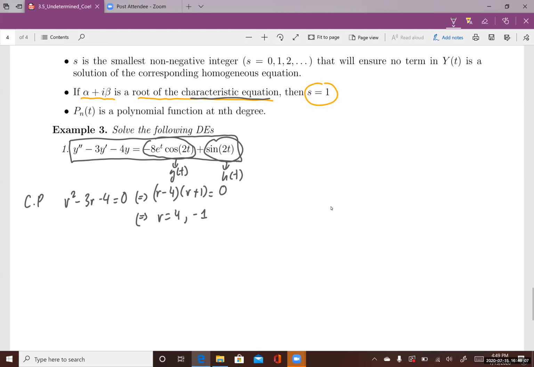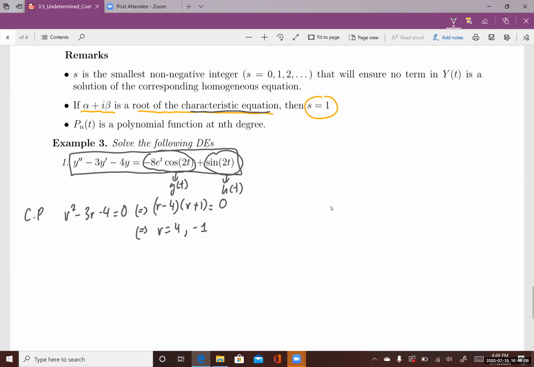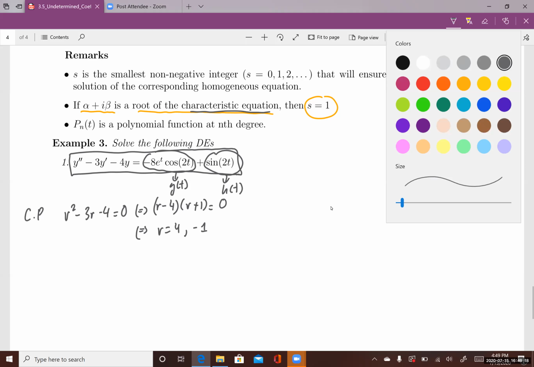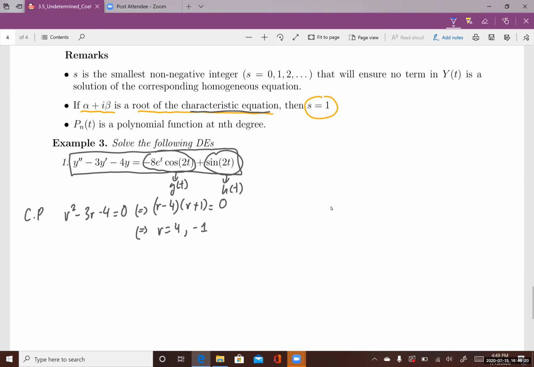In this case, we do not have a complex root. We all have real roots. What does it mean? That means s will be 0. You only need to consider s to be 1 if you have a complex root, and alpha and beta are parts of the complex root. No complex root.